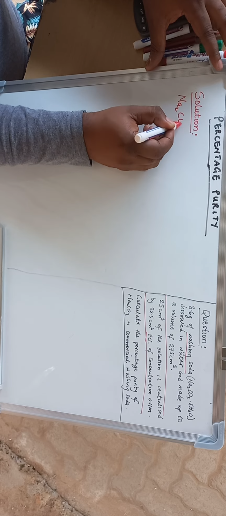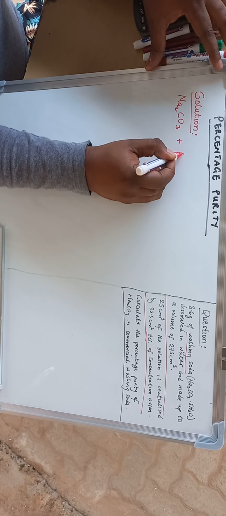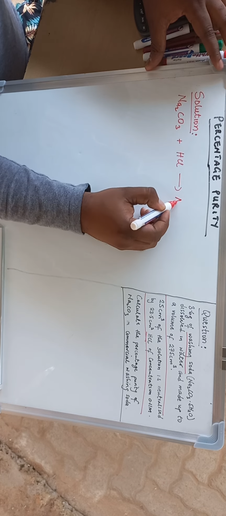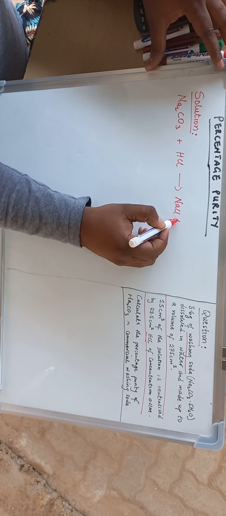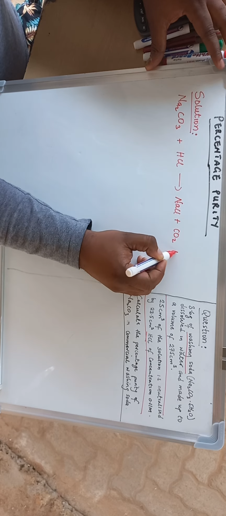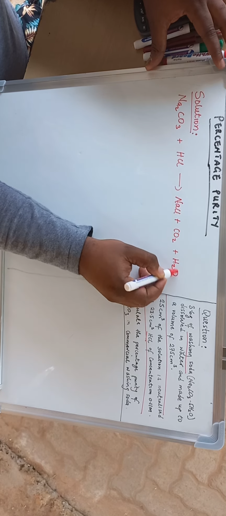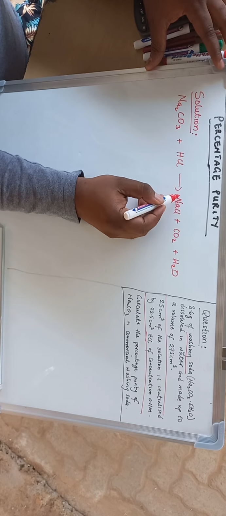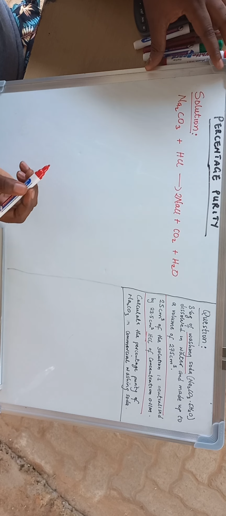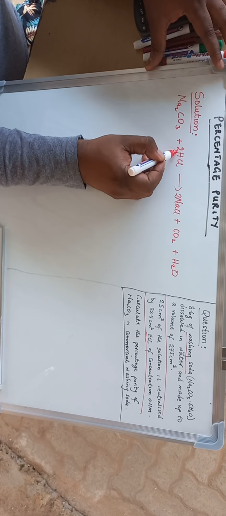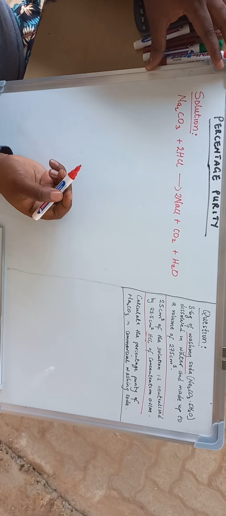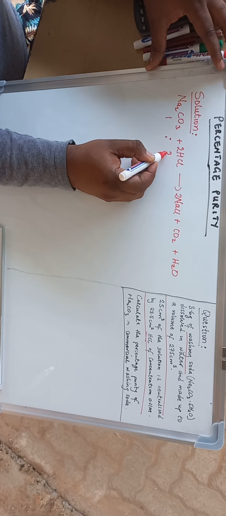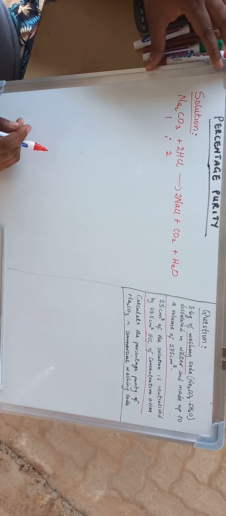Sodium carbonate reacts with hydrochloric acid to form sodium chloride, and it will obviously give carbon dioxide and water. If I balance the equation, I add 2 here and 2 here in order to balance it. From there, I get a mole ratio of 1:2.